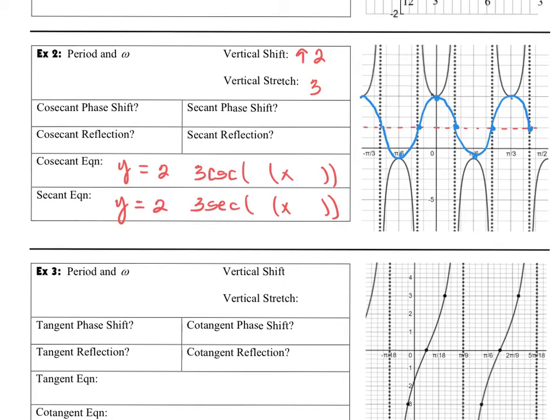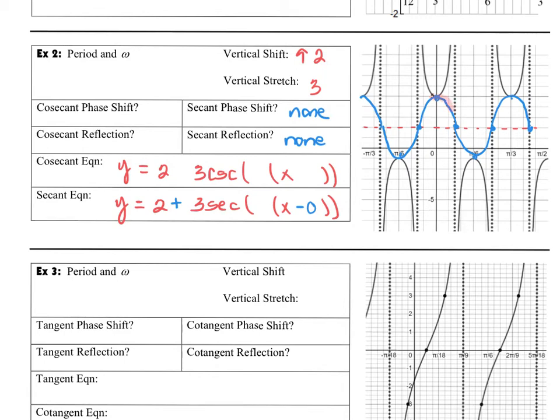So I know that when I get to the secant graph, I'm going to have no reflection and no phase shift. That's going to make things a lot easier for me. So I can already drop this in right here. I could even just drop in a minus 0 to remind myself there's not going to be a phase shift. Now, especially since I don't have a phase shift, I'm going to quickly find what my period would be.